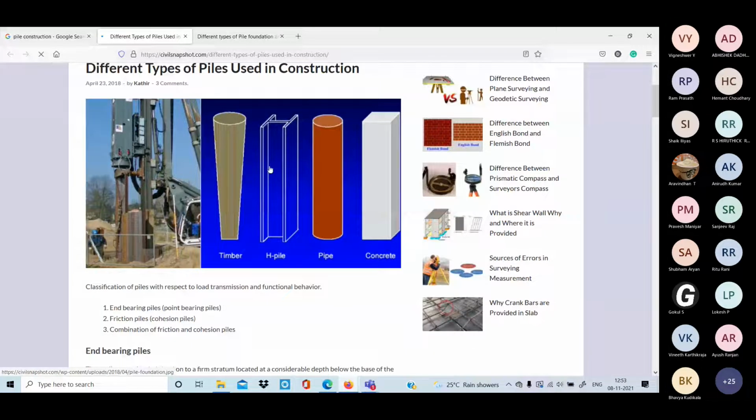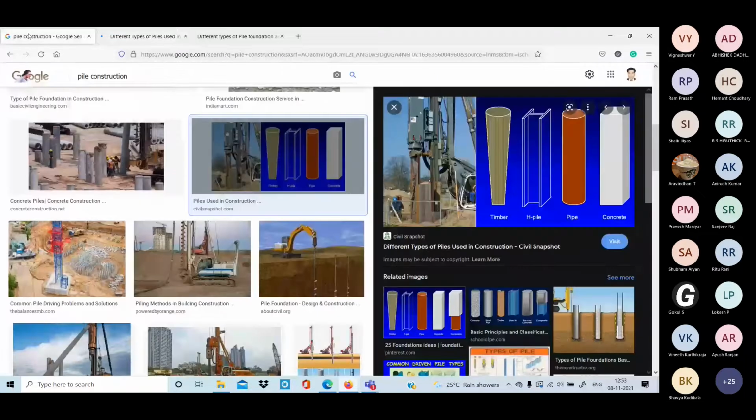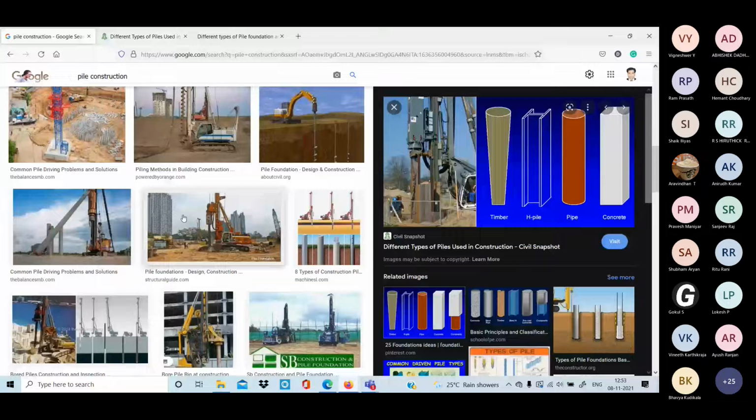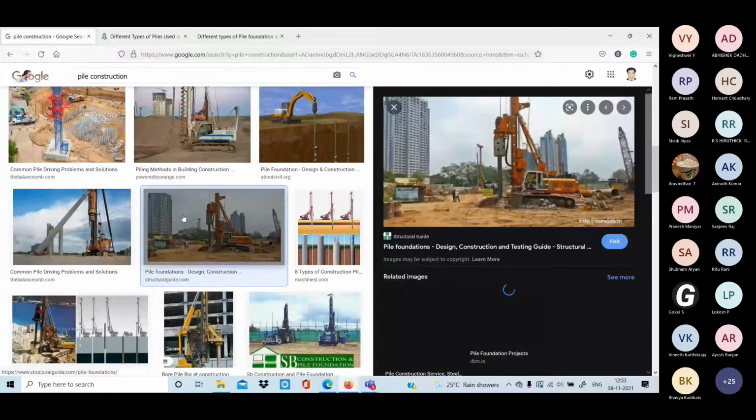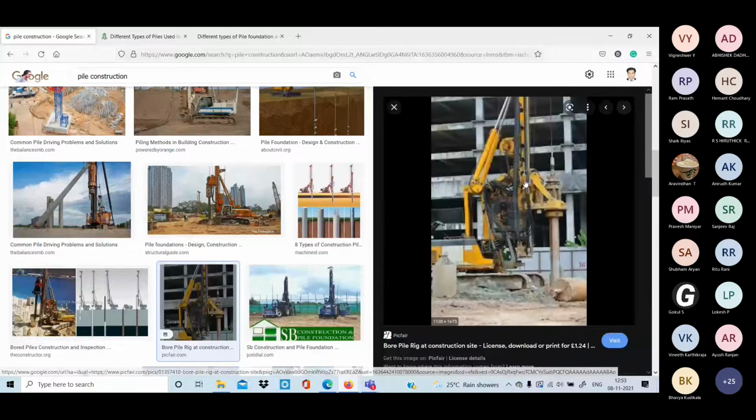Likewise, all huge buildings, if you see, have been constructed on pile foundations. It is a very interesting topic, and if you try to understand this, when you go and check in the field, you'll understand how piles are constructed. Look at this pile.